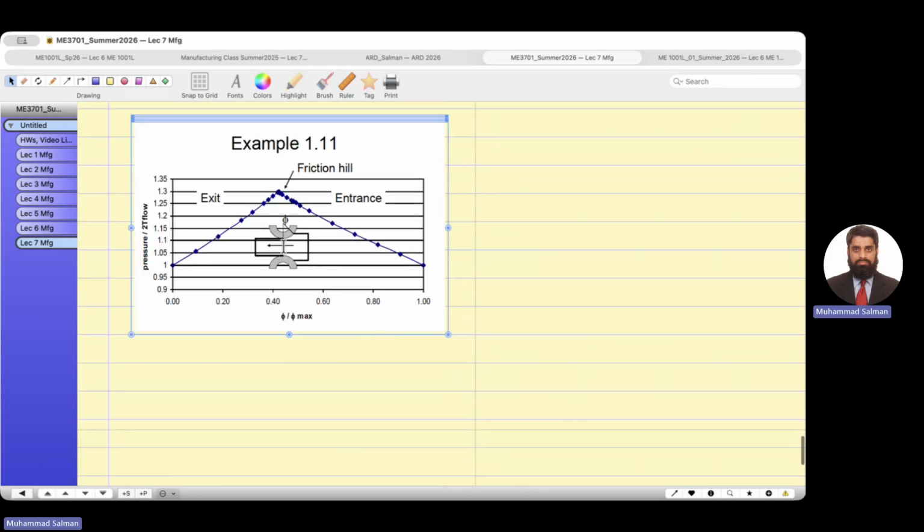This is the maximum pressure in the center of the roll.